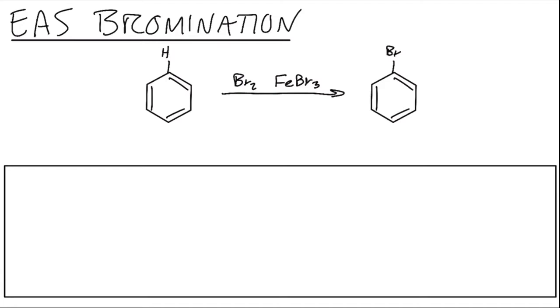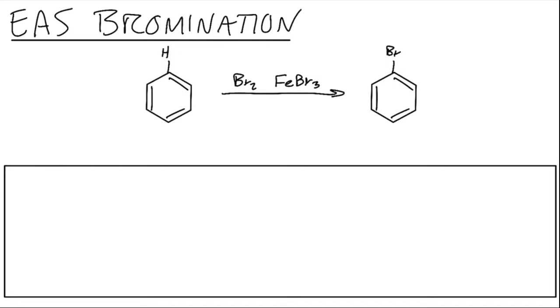Now we have a covalently bonded bromine molecule. It's not Br minus, right? That's different. And FeBr3, I don't know. We've never seen iron before this semester. That's not really an organic element, right? It's a metal. So this one is maybe a little bit tricky to think about at face value without a little bit more explanation.